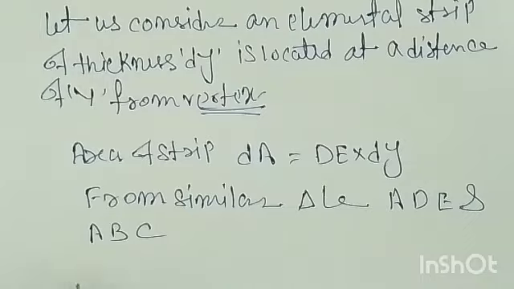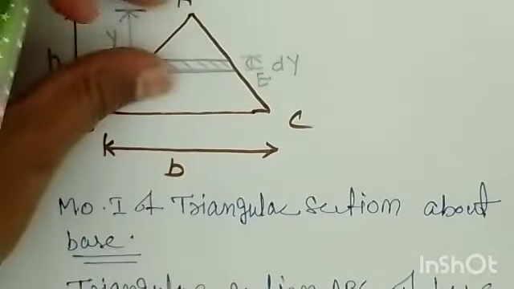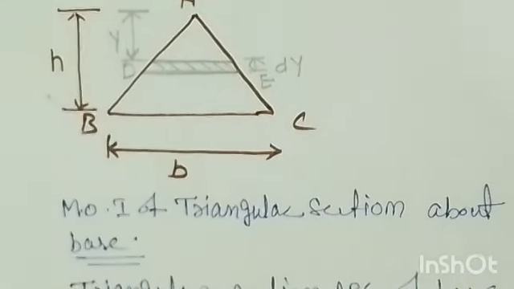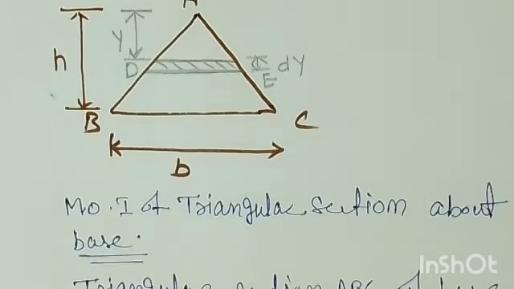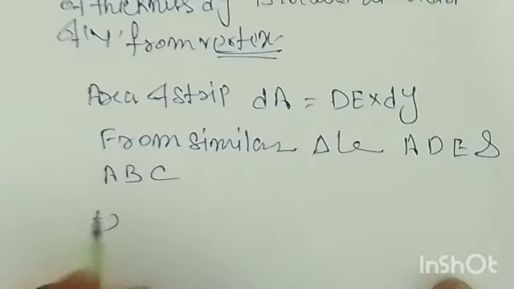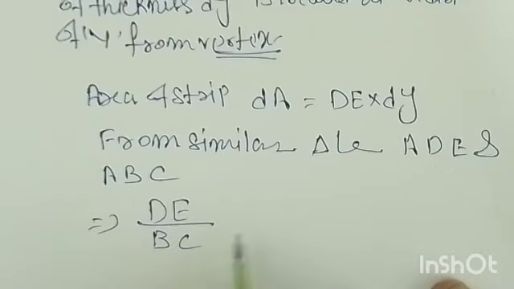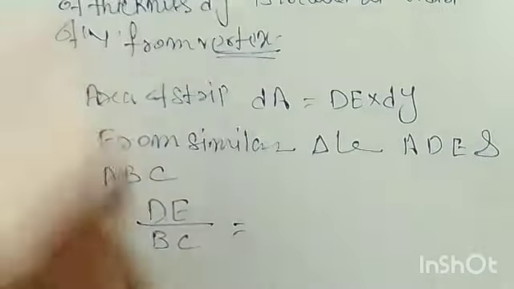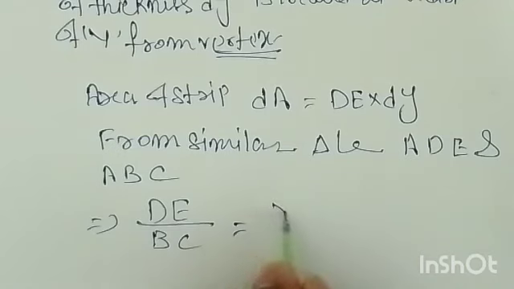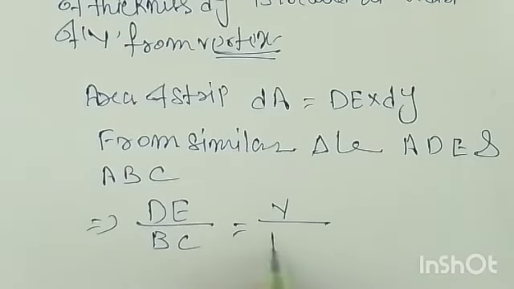Now you can use that this side by this side is equal to this height by this height, that is the side of ADE and ABC, and the height of ADE and the height of ABC. So from the similarity, DE by BC is equal to the height of ADE, which is y, and the height of ABC, which is h.